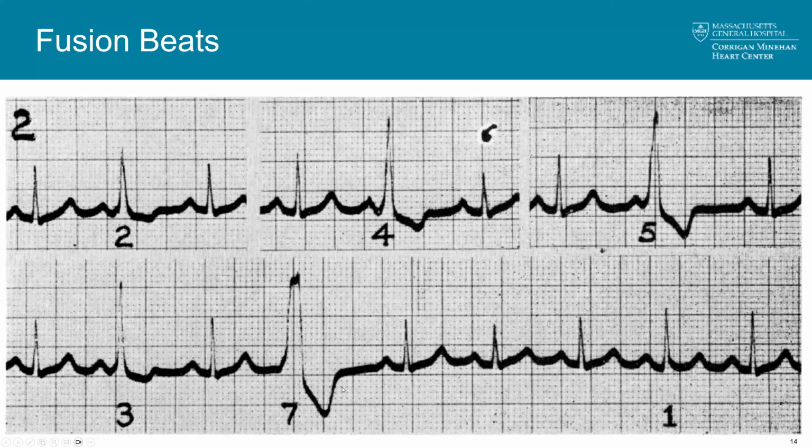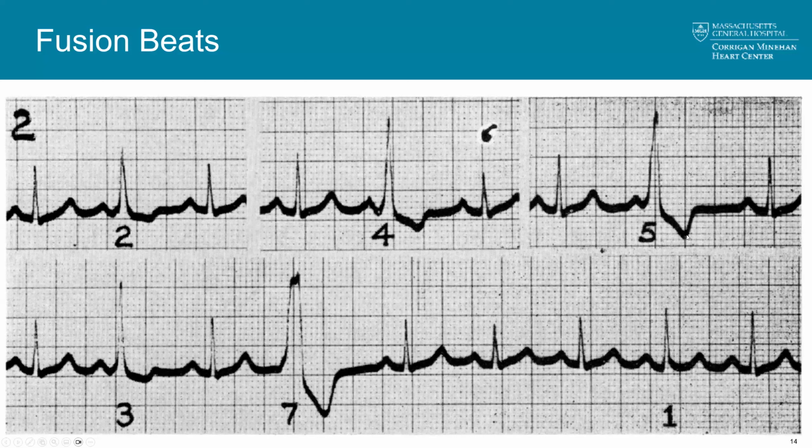This is what you might consider to be the most quote unquote pure version of a PVC, meaning it's coming in relatively early with respect to the prior beat, and it's looking very different from the surrounding sinus beats.